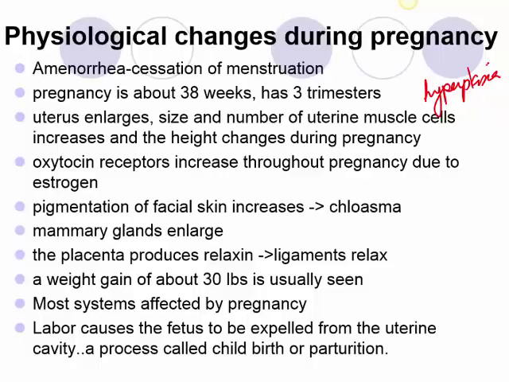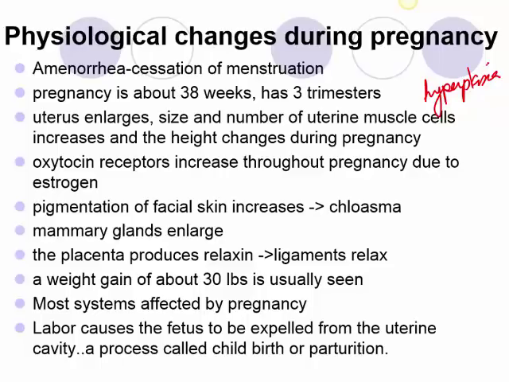When you increase your muscle mass, only the size increases. But physiologically, in the uterus, the number also increases, which is why after pregnancy, when the uterus involutes, it tries to come back to its original size. It can never come back to its pre-gravid state because the number of muscle fibers has increased, so it will always be larger than before the person got pregnant.